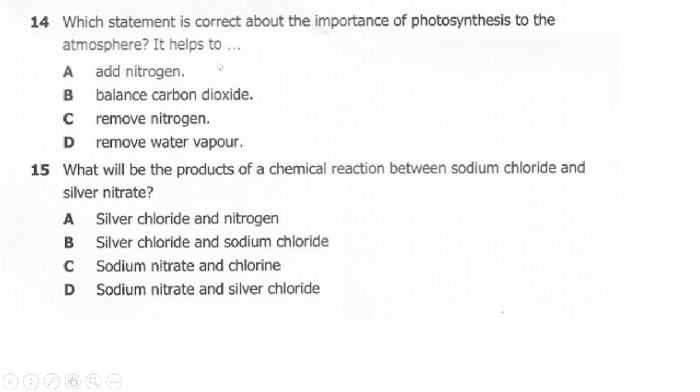It helps to add nitrogen, no. Balance carbon dioxide, yes. Remove nitrogen, no. Remove water vapor, no. 15. What will be the products of a chemical reaction between sodium chloride and silver nitrate? Okay, so the answer should be C, sodium nitrate and silver chloride. So this is a decomposition reaction.